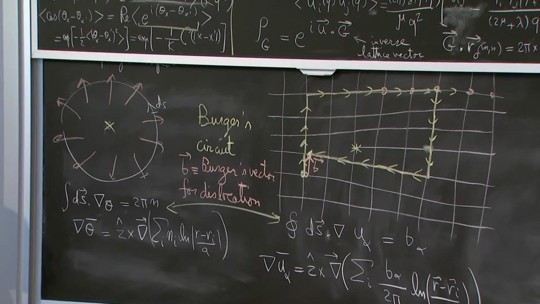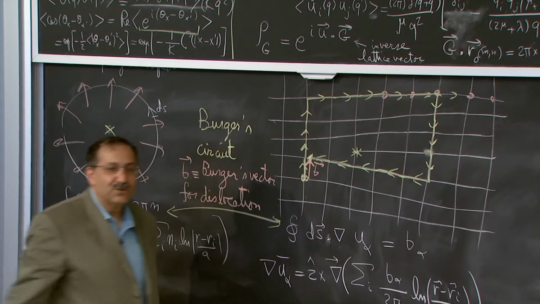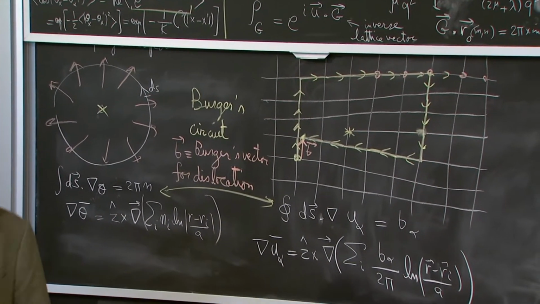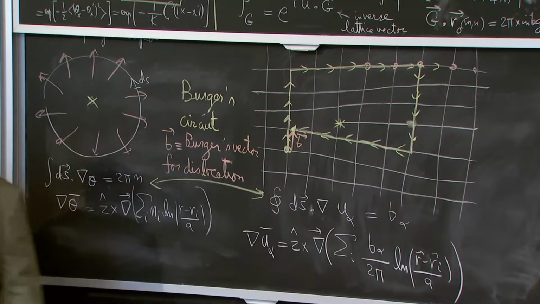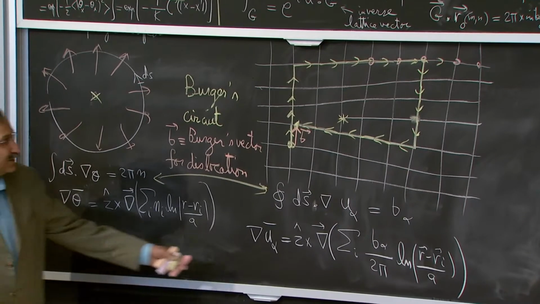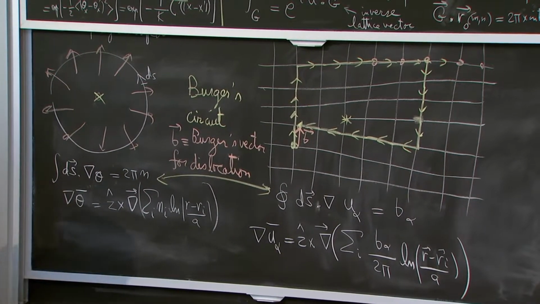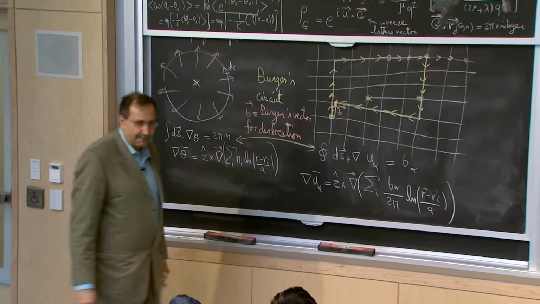So if I have a collection of these dislocations at different places on my lattice, locations are i, strength b alpha, which is a vector, then the distortion field that they would generate is given by this. It's very much just following the answers that we had over here. Okay?